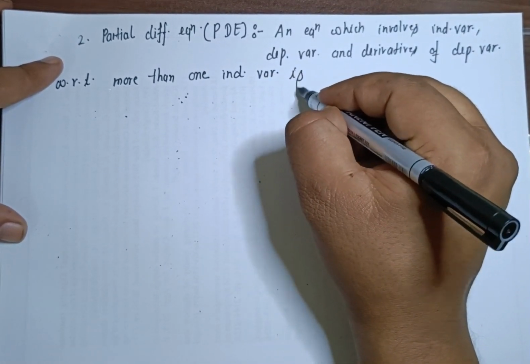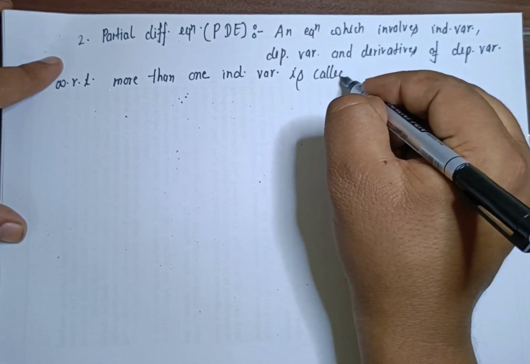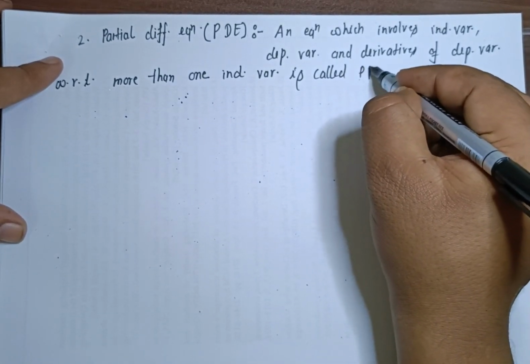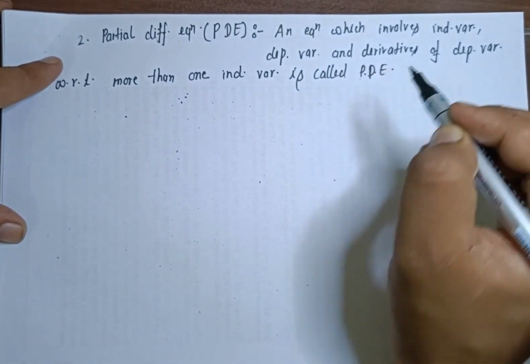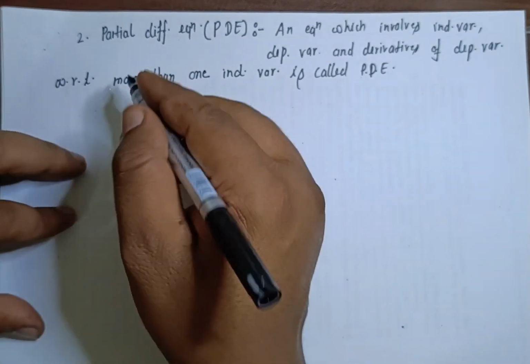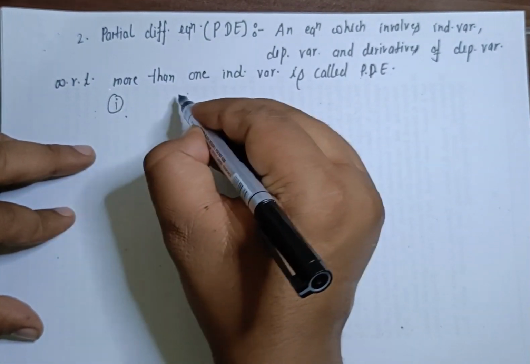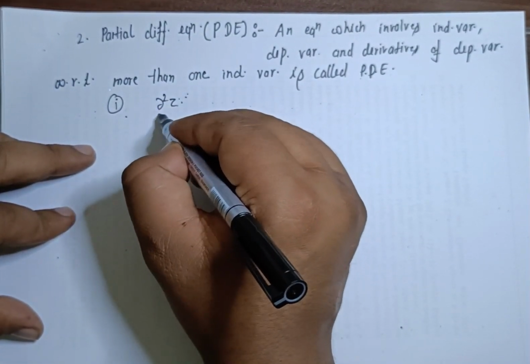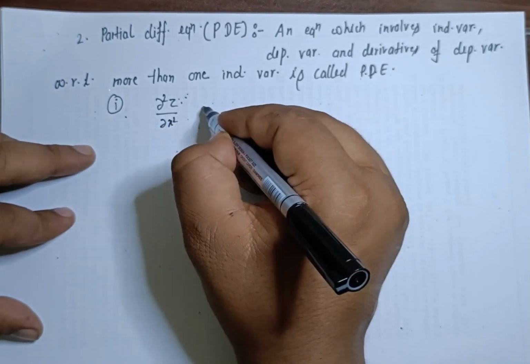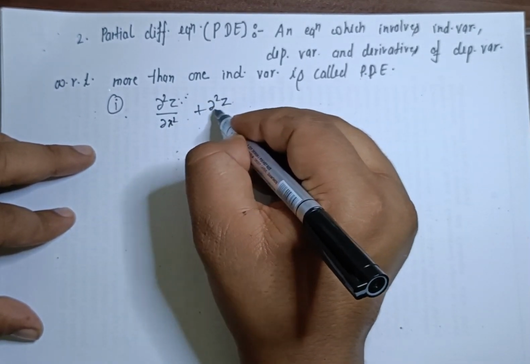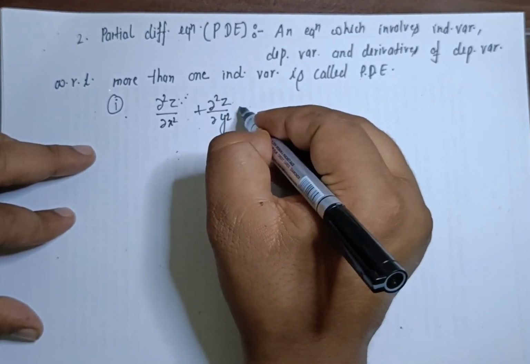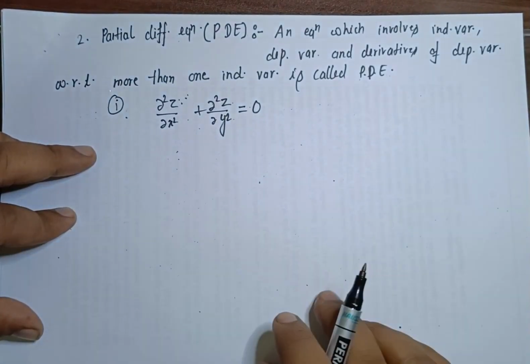Is called PDE, partial differential equation. We have simple examples here, like del square z upon del x square plus del square z upon del y square equals 0.